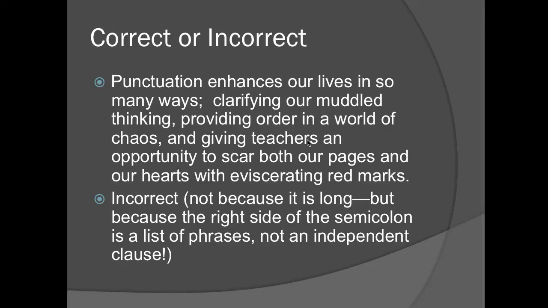These are -ing words that look like verbs, but they're not because there's no verb in front of them. So you would need a subject-verb pair in front of it. "Punctuation clarifies." That's a subject-verb. But "clarifying" is just a present participle. And so you've got a list of present participles, and they're just phrases. They're not independent clauses. And so this requires a colon instead of a semicolon.